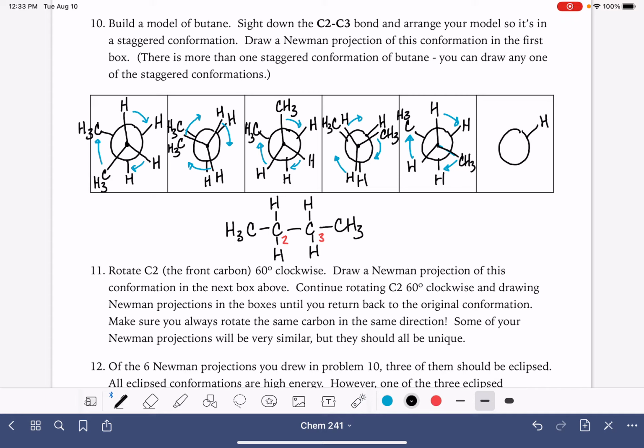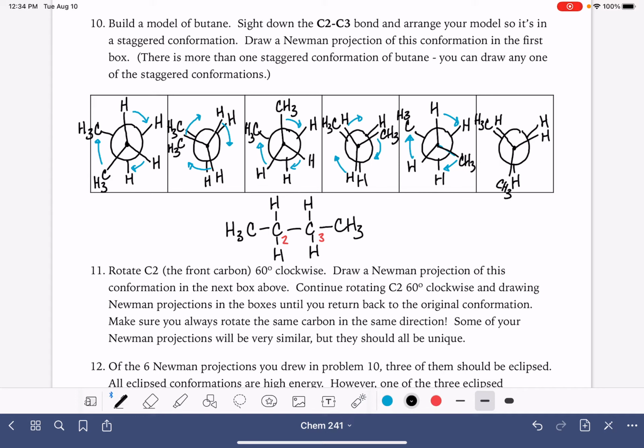Start by drawing the carbon in the back. That carbon has not changed at all through this whole exercise. And we're drawing another eclipsed conformation. This time, the methyl group, which started right here, we rotated 60 degrees, so the methyl group is now sticking down here. The other 2 spots have hydrogens in them.